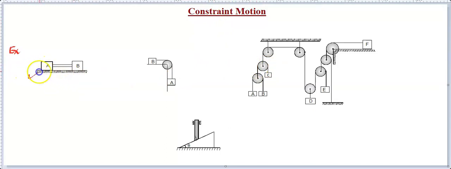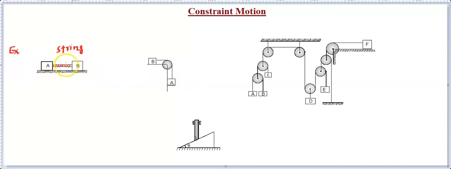So let's say we look at this first figure, and there are two particles, and these two particles are connected by a string or maybe a rod. So let's say this is a string. Generally we will have strings. We will learn some basic properties of a string shortly, then we will move ahead. So this is just a general illustration.